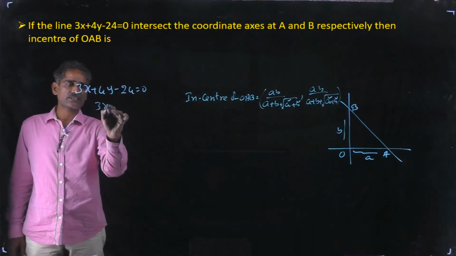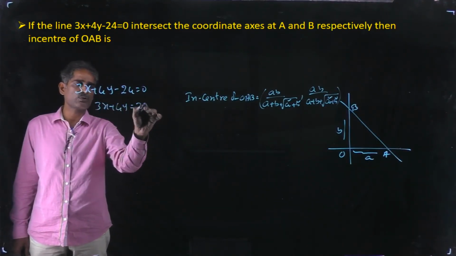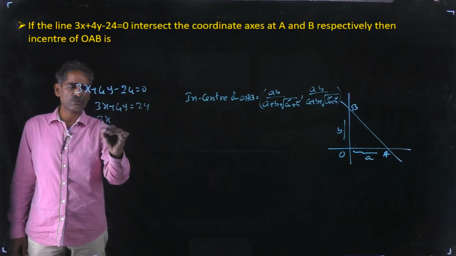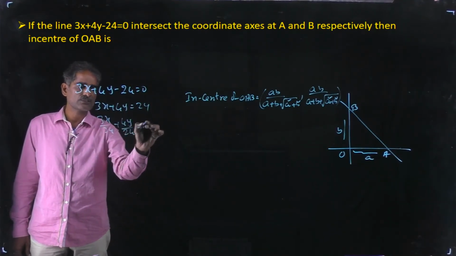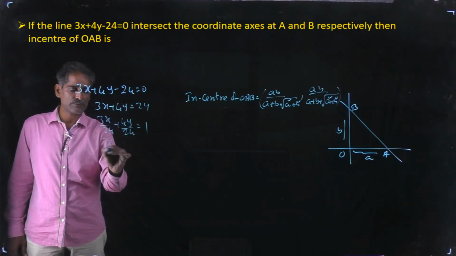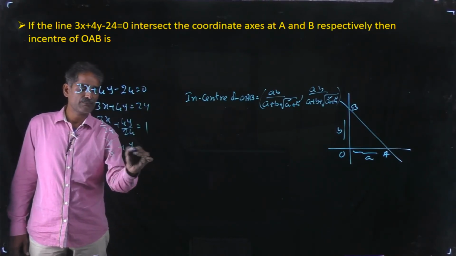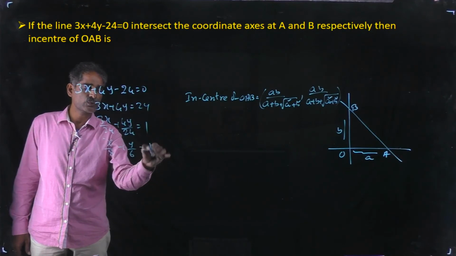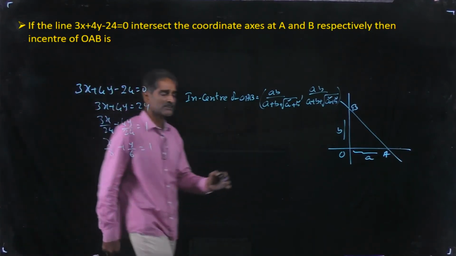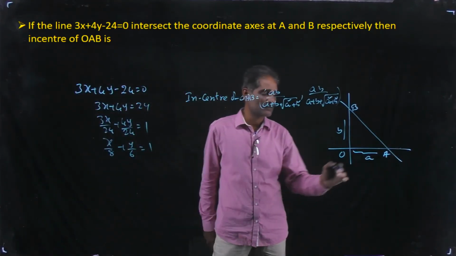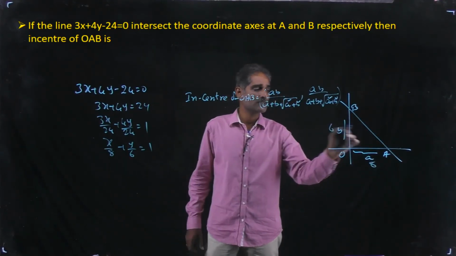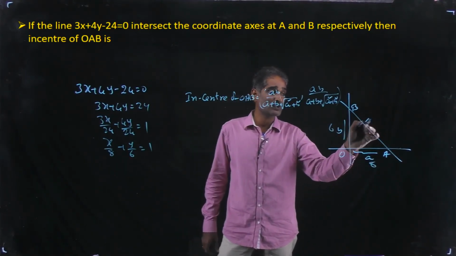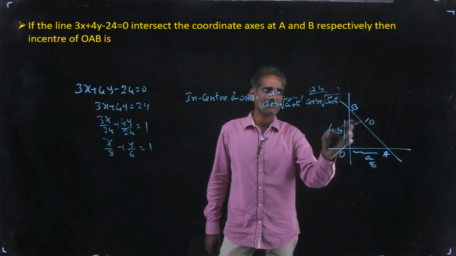So change this into intercept form. 3x plus 4y is equal to 24. 3x by 24 plus 4y by 24 is equal to 1. So x by 8 plus y by 6 is equal to 1. Here the x-intercept is 8 and the y-intercept is 6. So now the length of the hypotenuse is 10, the square root of a square plus b square.